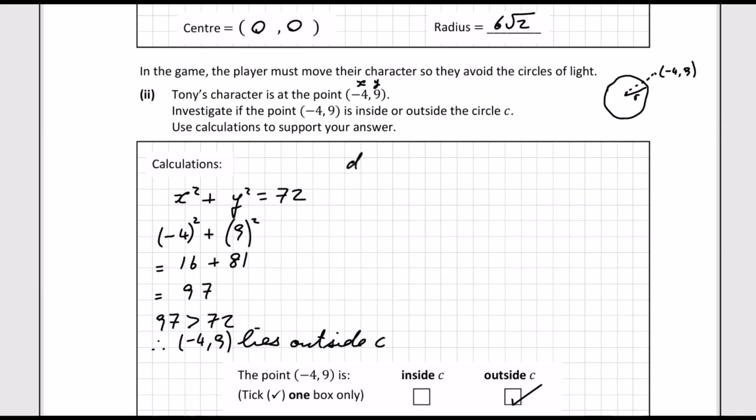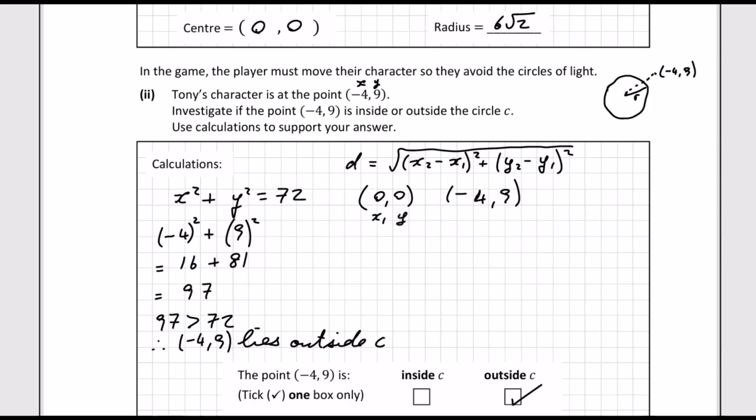So the distance formula is the square root of x2 minus x1 squared plus y2 minus y1 squared. Our 2 points are 0, 0, the center of the circle, and -4, 9. So I can call these x1, y1, x2, y2.